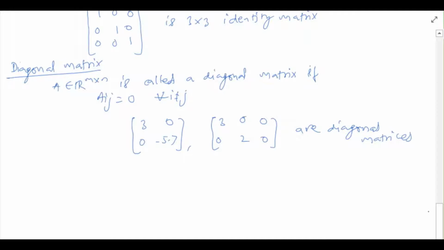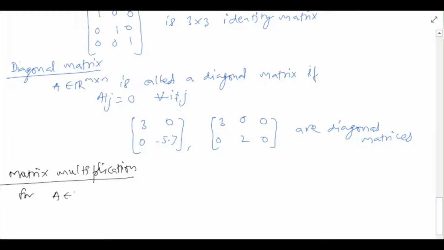Next we will see what is matrix multiplication. Given two matrices A and B, where A is an m by n matrix and B is an n by k matrix, we will define their multiplication.